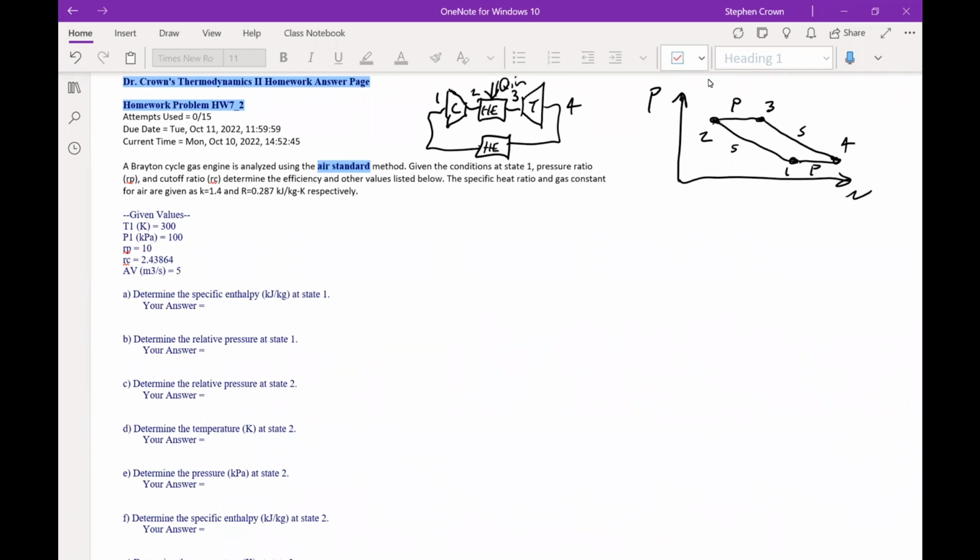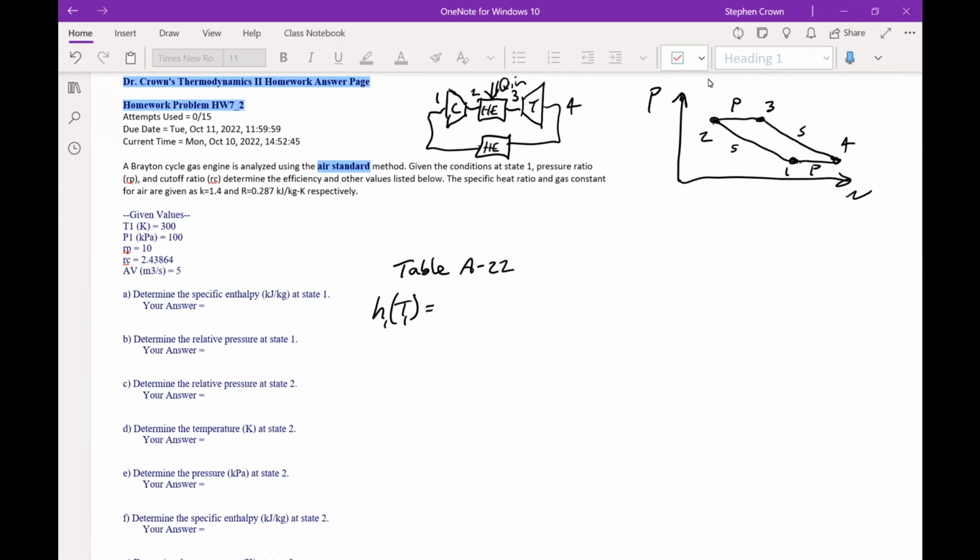Okay, so very much the same as last one, so I won't go into as much detail. In this case, the way we find enthalpy at state 1 is that the enthalpy is a function of temperature from the ideal gas table. So if we want h1, then we find enthalpy as a function of T1. So we go to table A-22, which is the ideal gas tables for air.